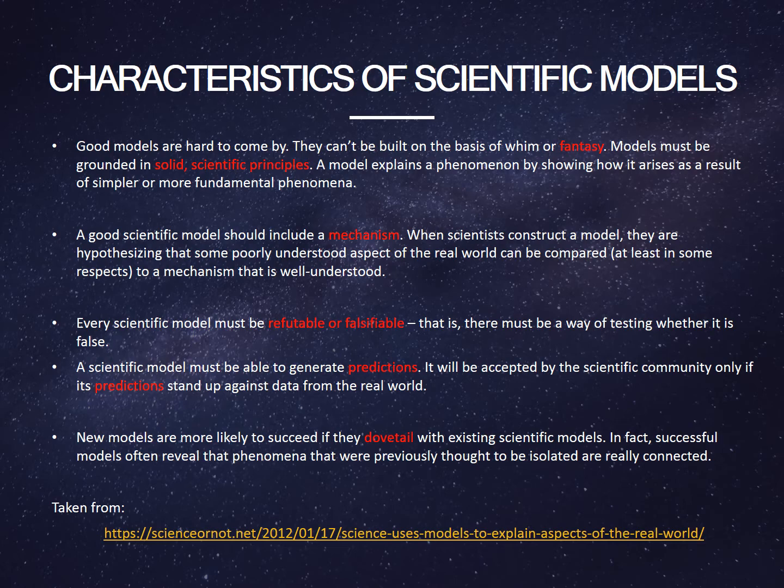A scientific model must be able to generate predictions. It will be accepted by the scientific community only if its predictions stand up against data from the real world. This includes predictions into the future. It also includes predictions into the past.